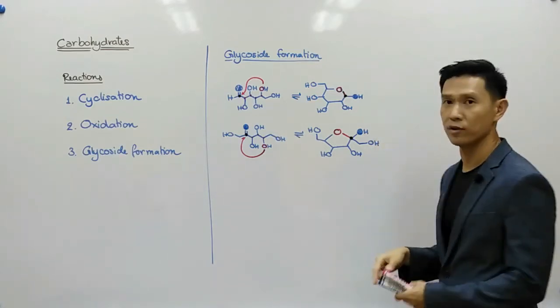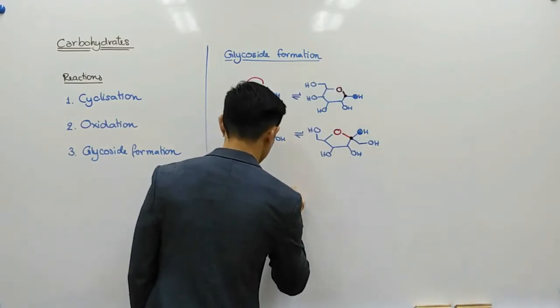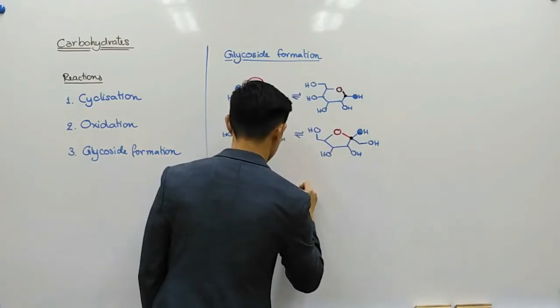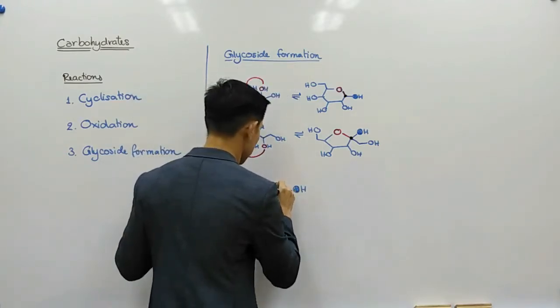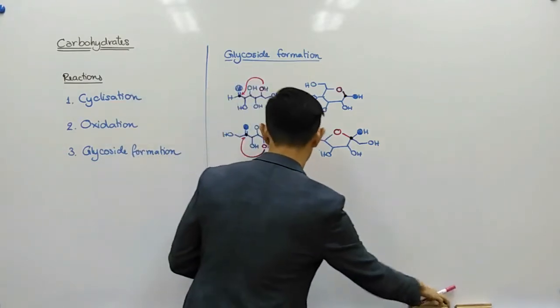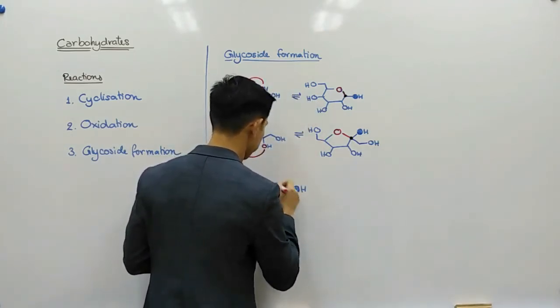And this kind of OH, I will symbolize as this, labeled in OH, and I label the hydroxy group that's used for condensation in pink color.